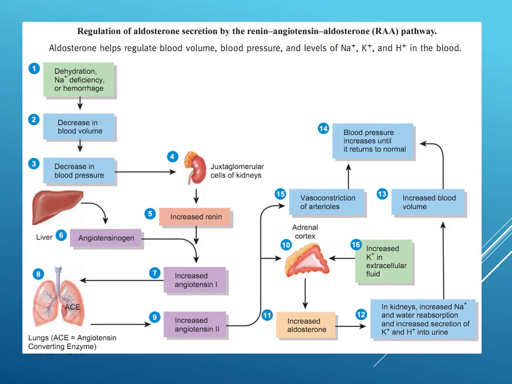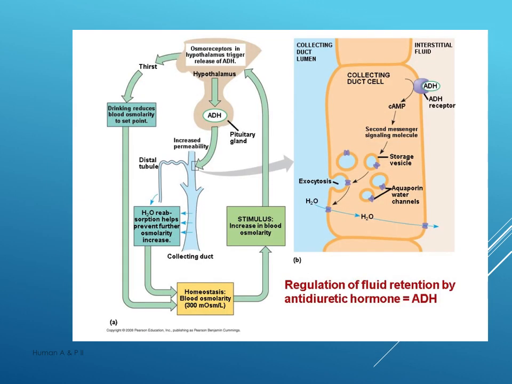Okay, and angiotensin 2 is what's going to increase the production of aldosterone. So renin-angiotensin leads to aldosterone. That causes the kidneys to increase sodium and water reabsorption, and this will increase blood volume and blood pressure. Angiotensin 2 is also a vasoconstrictor that will also increase blood pressure. This is the major mechanism that we have for dealing with blood pressure and blood volume.